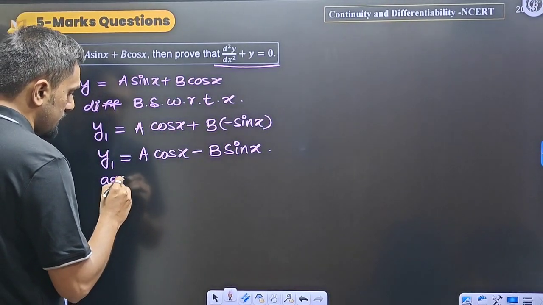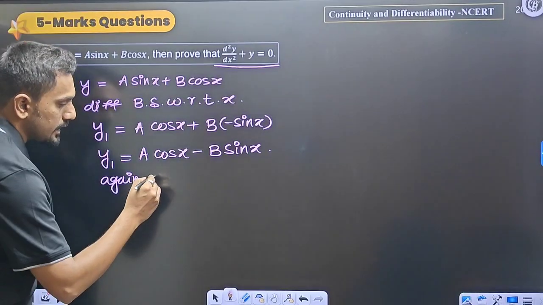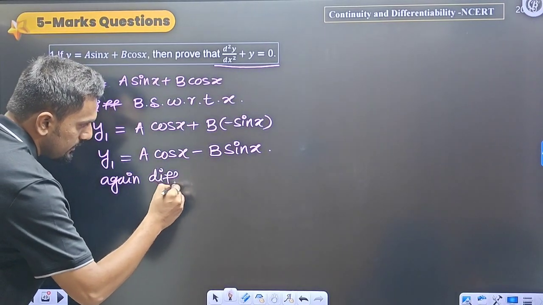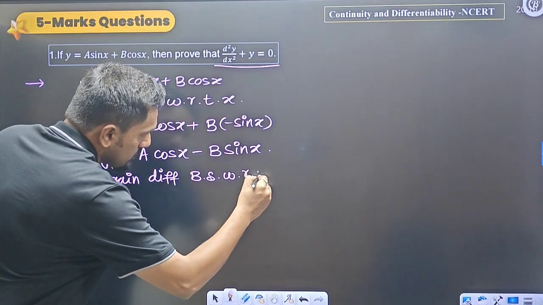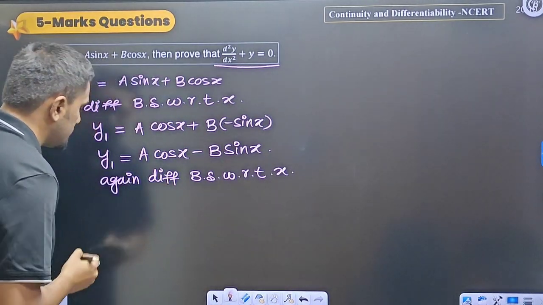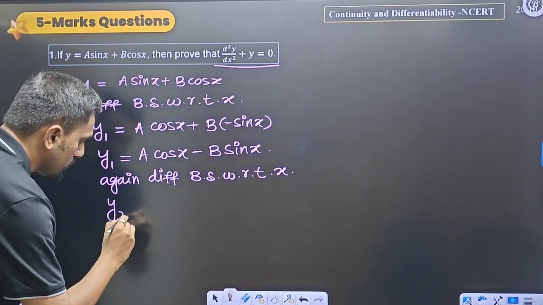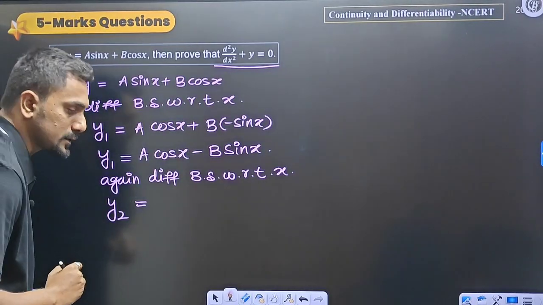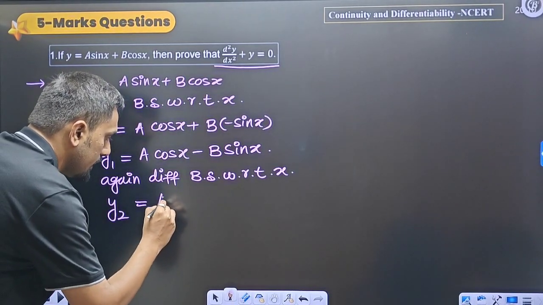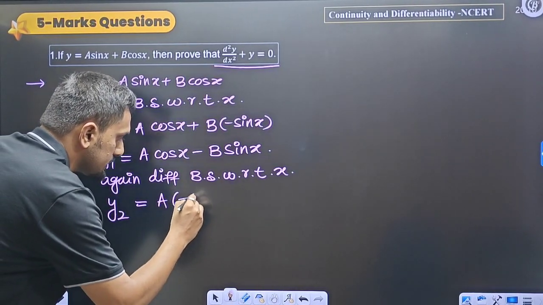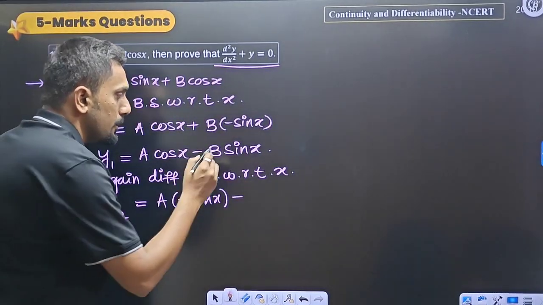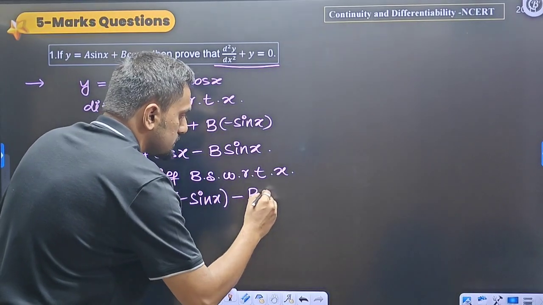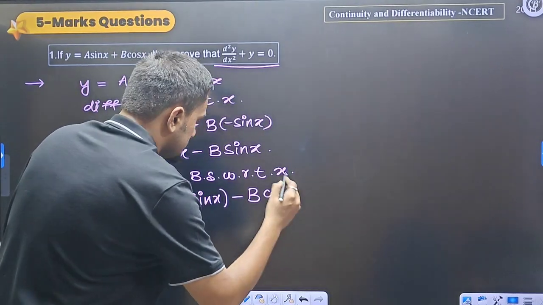So again differentiating both sides with respect to x, then I will get y2 or d square y by dx square is equals to a into derivative of cos x is minus sin x minus b into derivative of sin x is cos x.